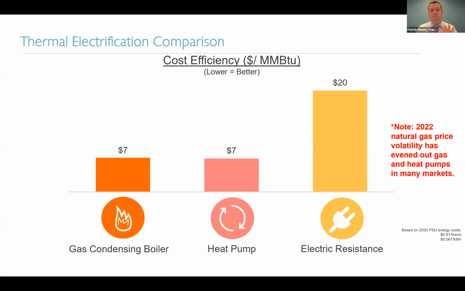But when we compare cost, depending on a number of factors, heat pumps can be competitive with the gas boiler. Electricity is expensive, not great on its own, but when you couple electricity with the efficiency of a heat pump, that's what makes these competitive. What you're not necessarily seeing, though, is any energy savings. It could be a little bit worse, a little bit better than the gas boiler.